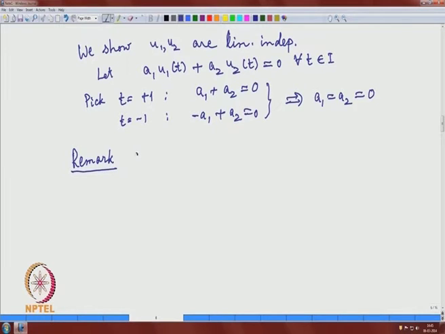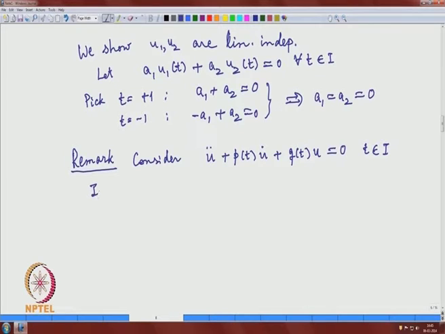So, consider this second order equation: u double dot plus p(t) u dot plus q(t) u equal to 0. So, a linear homogeneous equation of second order, in some interval, let me again just write any interval.